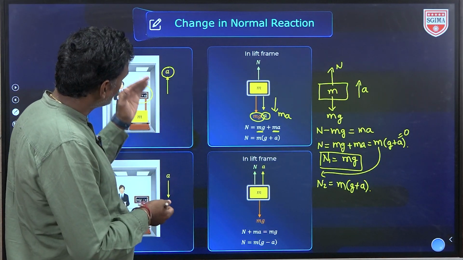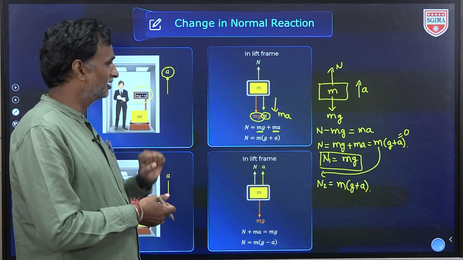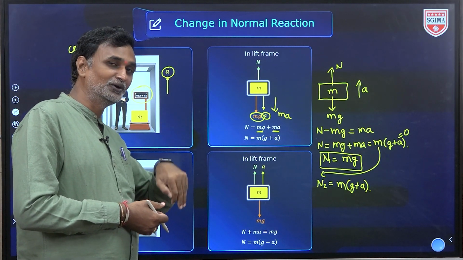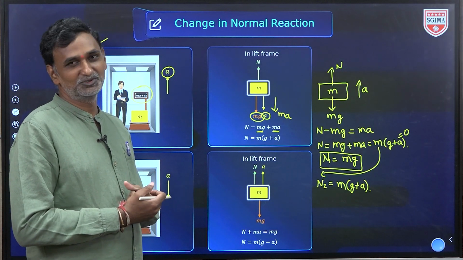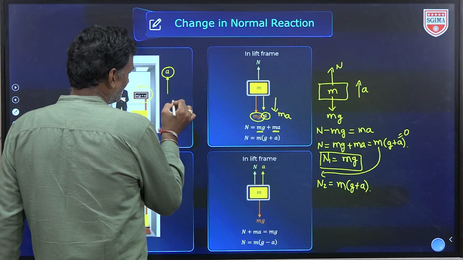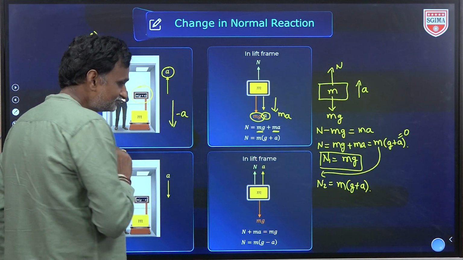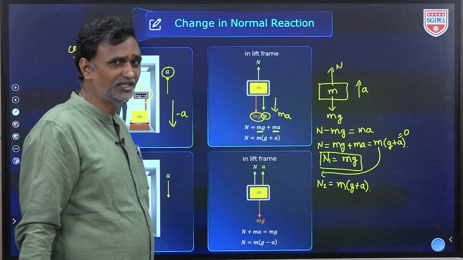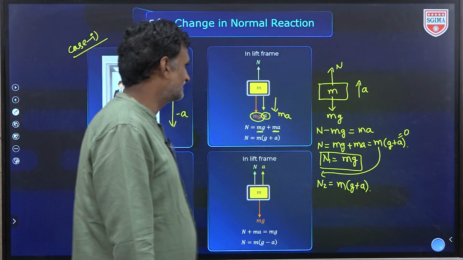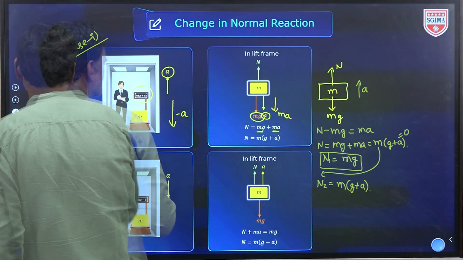The same answer will come again if, instead of going upward, it is going downward but retarding. Whenever it is going downward with retardation, the answer will also be the same. Let us see how.